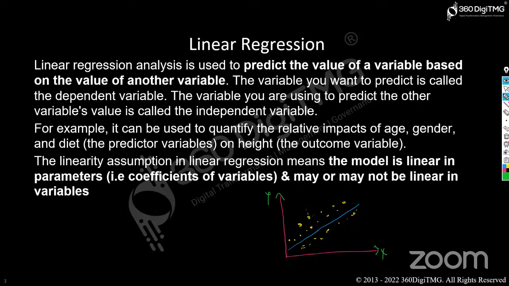These are your data points. And this is your line of regression. Say this is your independent variable, and these are your dependent variables.